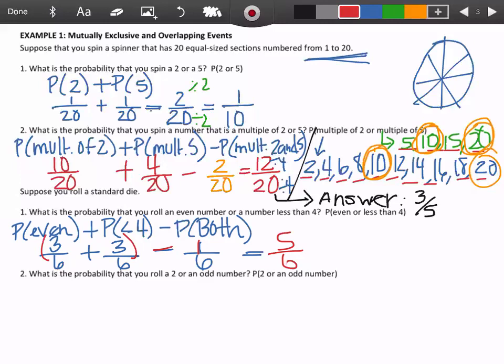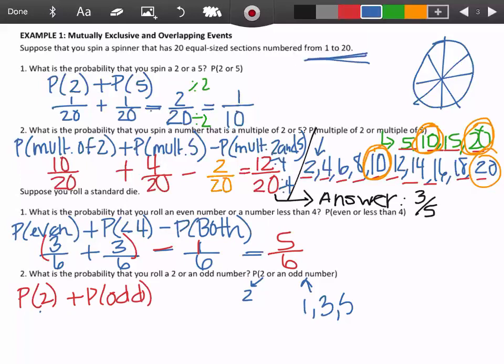Now let's find the probability that you roll a 2 or an odd number. So probability that you roll a 2, well, there's only 1 2 on a die. And then odd numbers. Think about the odd numbers on a die. That's 1, 3, and 5. So we are going to have the probability of 2 plus the probability of an odd number.